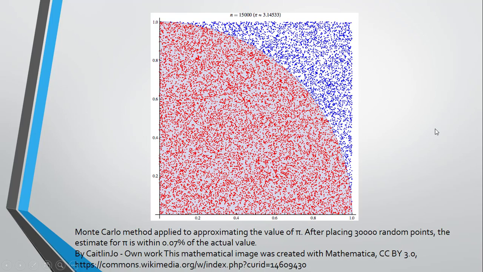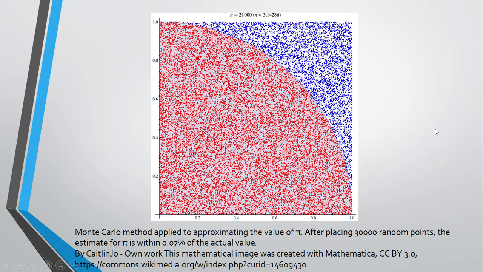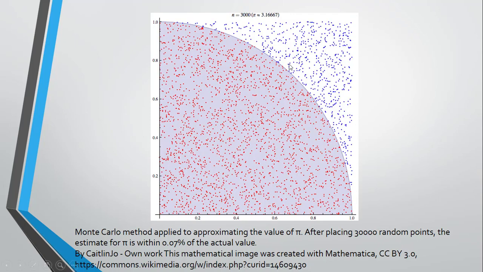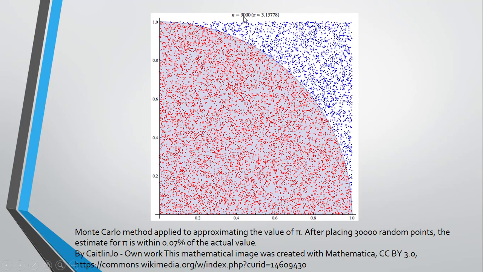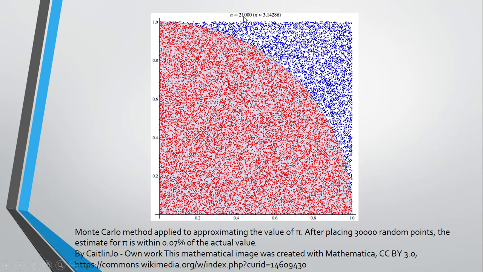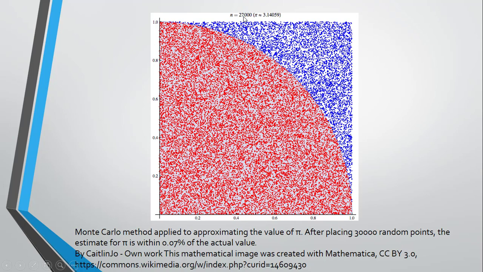I'm going to let you look at this. As you increase the number of dots, you start with 3,000 dots, 6,000, 9,000, 12,000, 15,000, 18,000, 21,000, 24,000, 27,000, and 30,000.